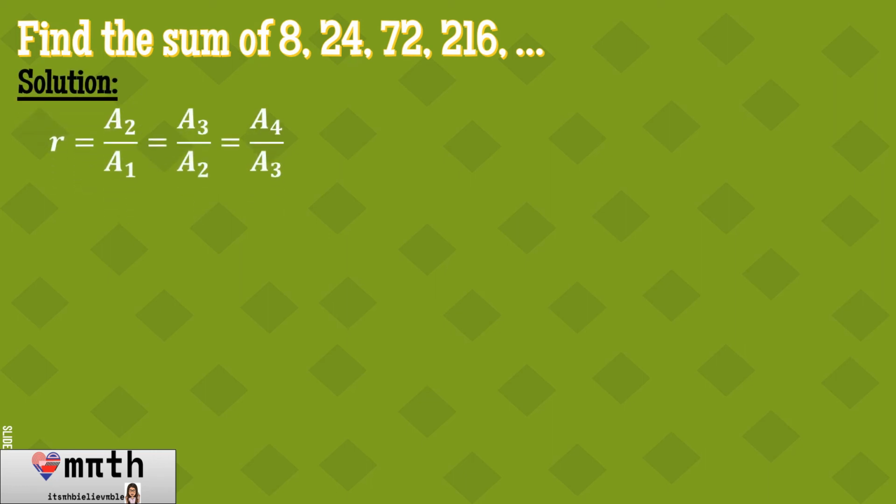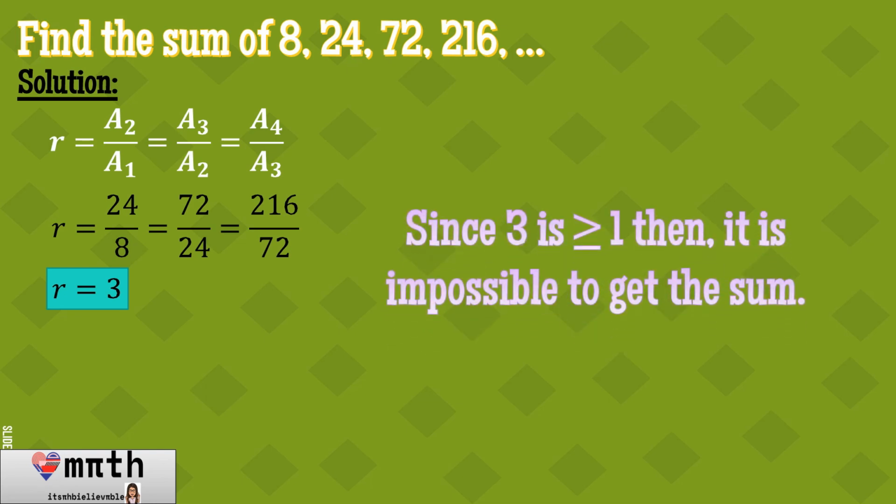That would be second term divided by the first term, third term by the second term, fourth term by the third term, which is 24 divided by 8, 72 divided by 24, 216 divided by 72, which is all equal to 3. And since our ratio is greater than 1, then we can say that it is impossible to get the sum of this infinite geometric series.